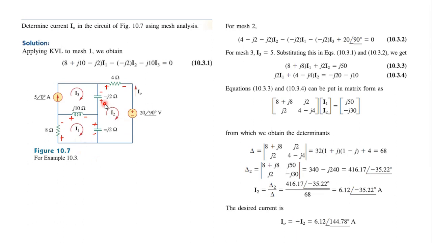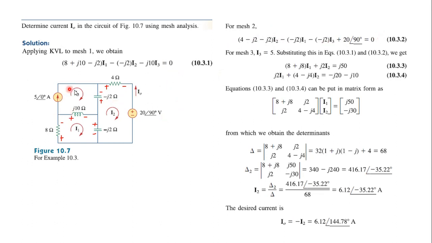Then for this capacitor, it is from plus to minus, so it is minus of minus j2 times I2 minus I3. And for this, minus 4 I2, and the current flows into the voltage source, so it is minus 20 angle 90 is equal to 0. So this is the mesh 2 equation.